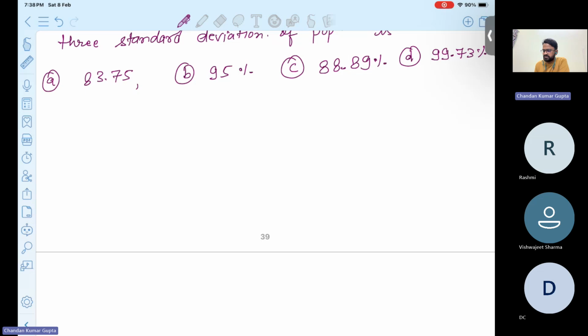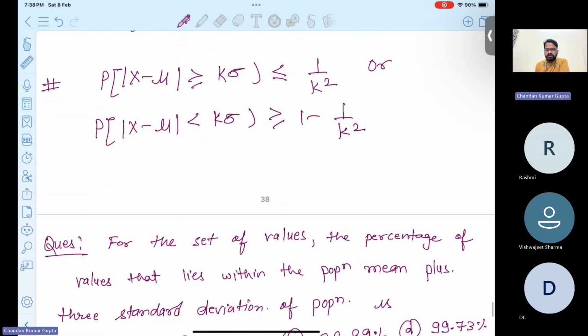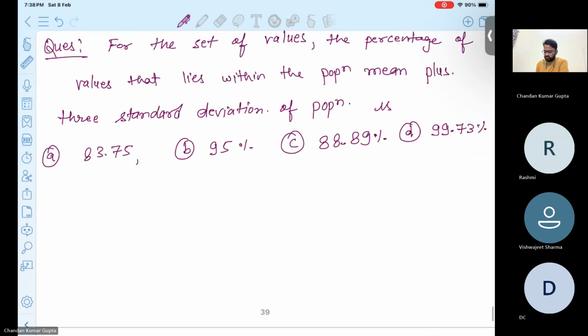Okay, no problem. See, we have Chebyshev's inequality in this form, so we use this form. Here we need the mean value, and the difference will be the 3 sigma limit. So that lies within the 3 sigma limit. This implies the value of x is shifted from mu up to 3 sigma distance.